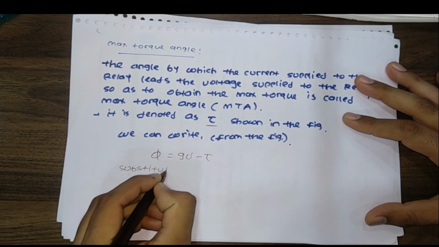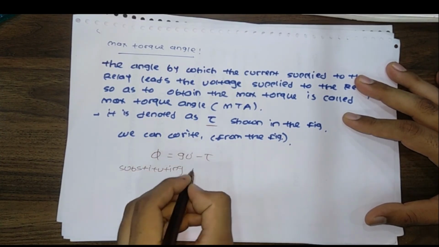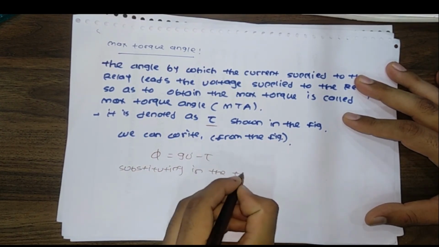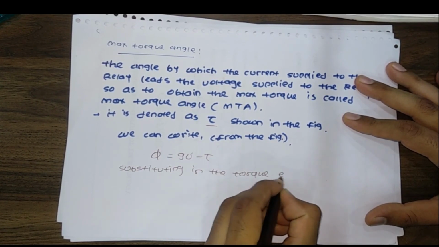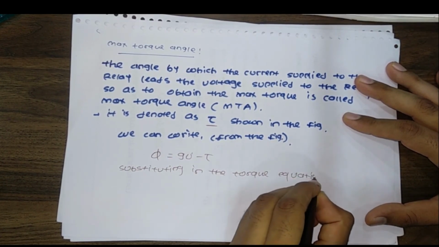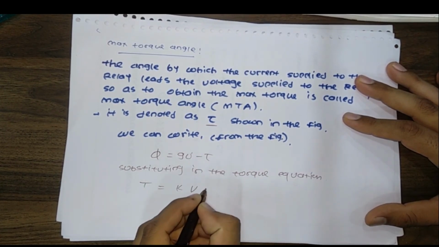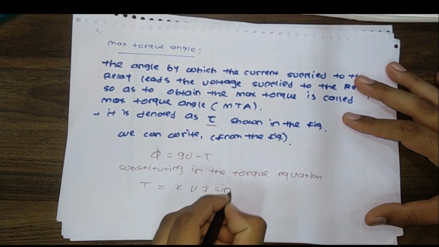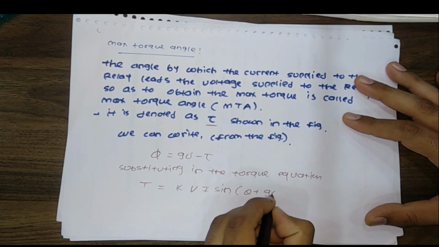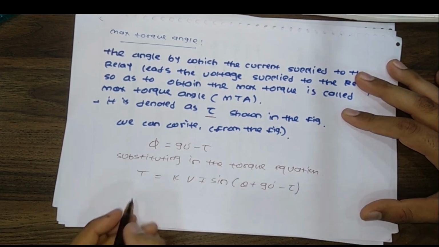Substituting in the torque equation, T is equal to constant K V I sine of theta plus 90 minus tau.